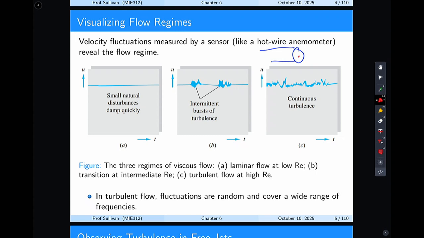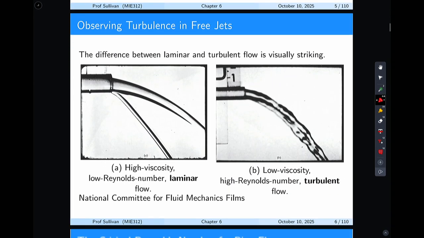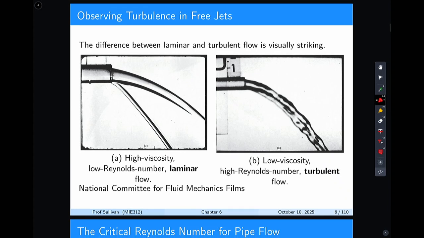The turbulent flow's fluctuations are random and cover a wide range of frequencies. That's a good definition of it, but maybe this is a little more helpful. This is the difference between laminar on the left and turbulent on the right. If I put a light behind the laminar flow, nothing shadows, it just keeps repeating.